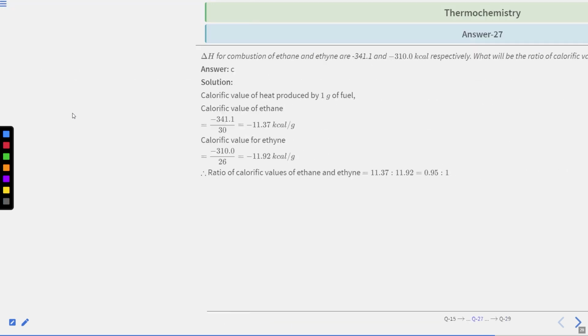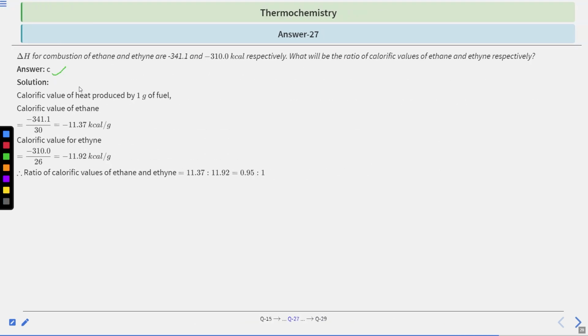Okay, so the correct answer will be option C. The calorific value is the heat produced by 1 gram of fuel. For ethane, it is minus 341.1 divided by 30, which is its molar mass, equal to minus 11.37 kilocalorie per gram.